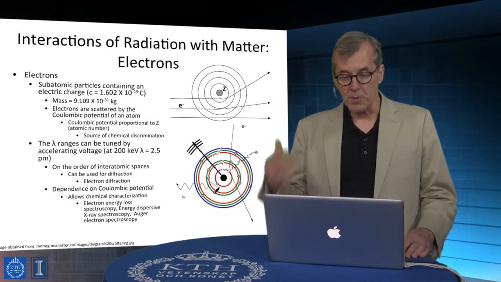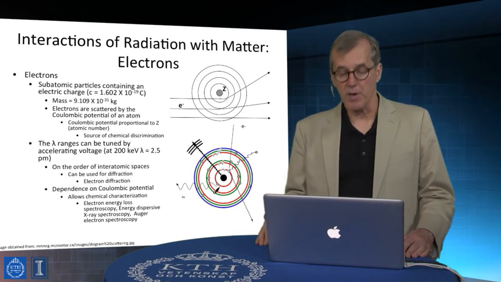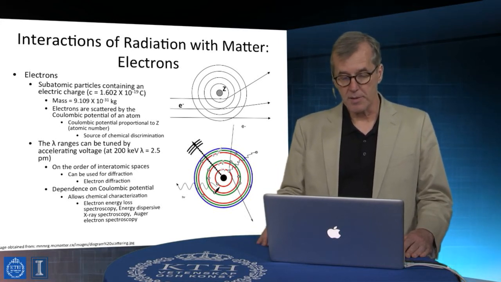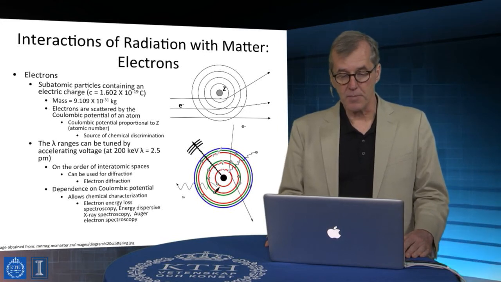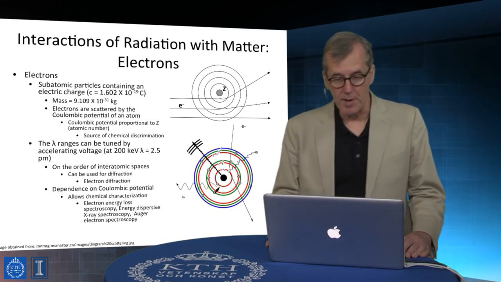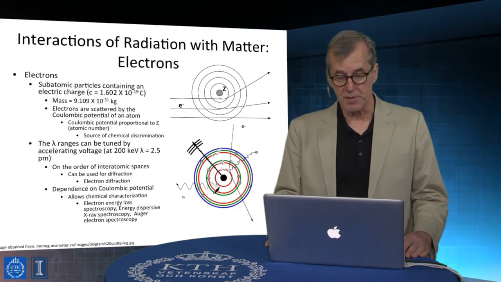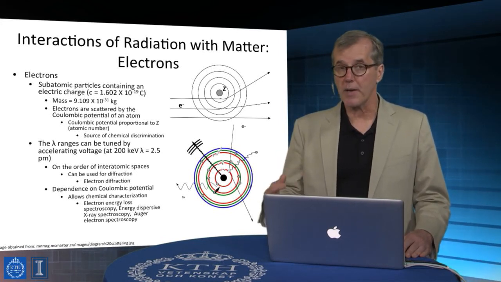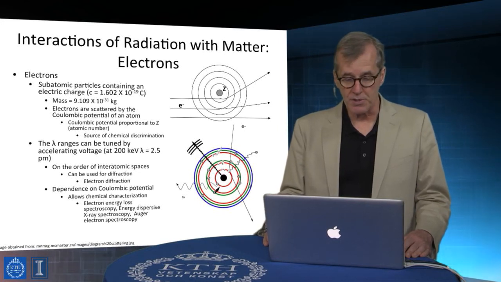So in principle, at 200,000 electron volts, an electron has a wavelength that's massively short compared to interatomic bond distances. And in principle, this allows one to do direct observations of atomic positions.